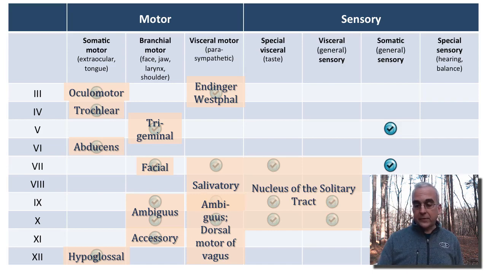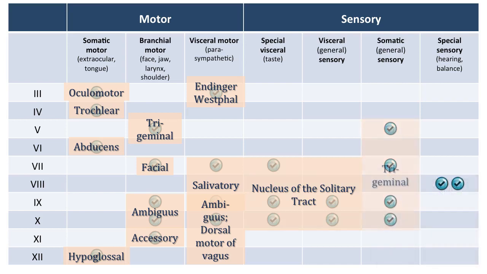Our general somatic sensory system is again conveyed via multiple nerves, but to one nuclear complex, and that nuclear complex is the trigeminal nuclear complex. Now, when we get into our discussions of somatic sensation, including mechanosensation and pain and temperature sensitivity, we'll see that we can subdivide this trigeminal nuclear complex into 3 major parts, but we won't get into that now.